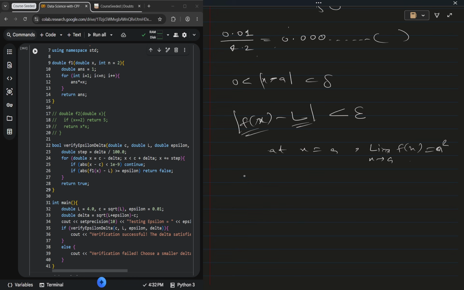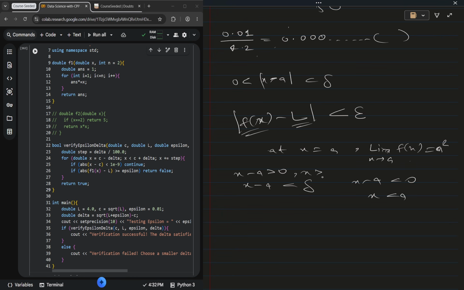So let's say we have both of these conditions. Then for |x minus a| less than delta, if you remove the mod, you can do it in two ways: x minus a greater than 0, where you'll have x greater than or equal to a, and x minus a less than 0, where you'll have x less than a.